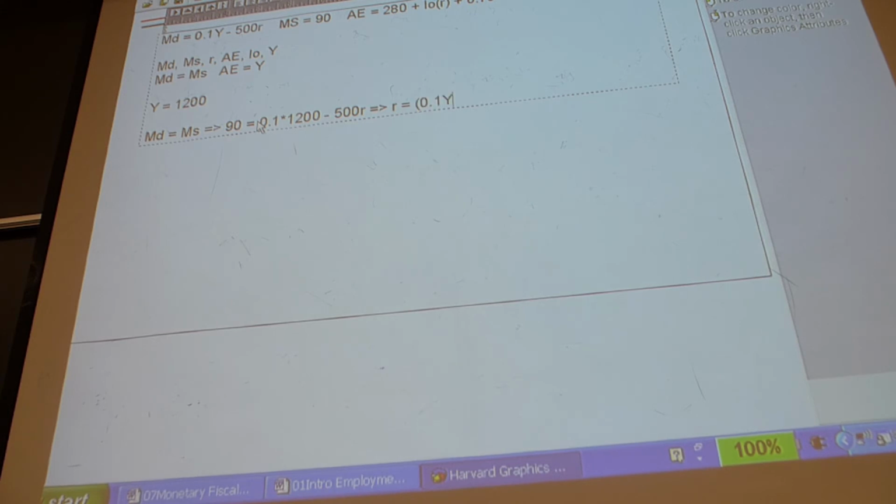I'm still sticking Y back in there for reasons you'll see in a minute. In our case, (0.1 times 1200 minus 90) divided by 500 equals what? 6%. 0.06. Answer.